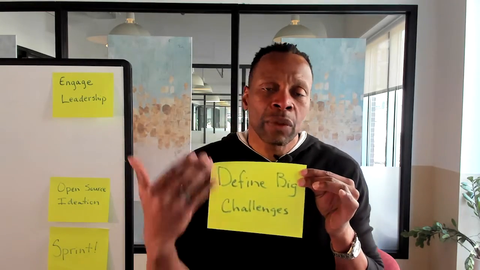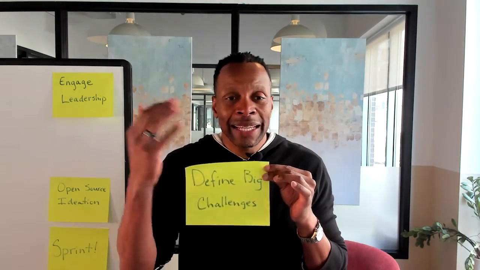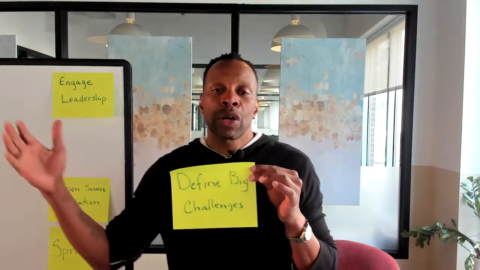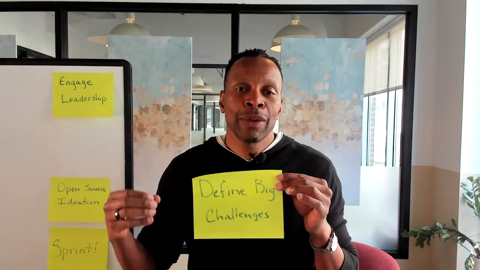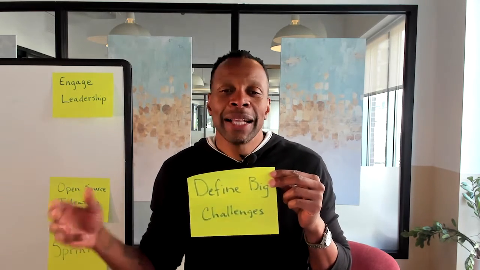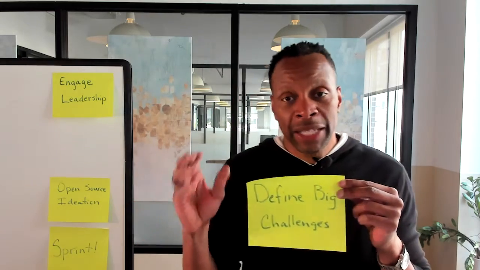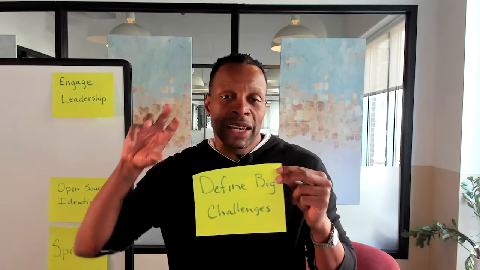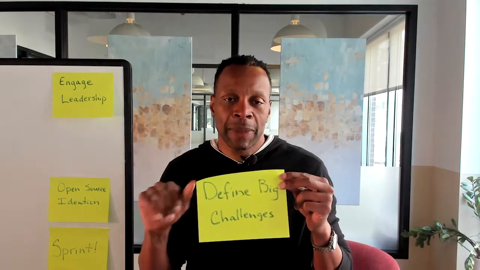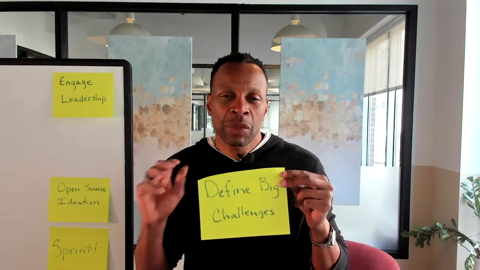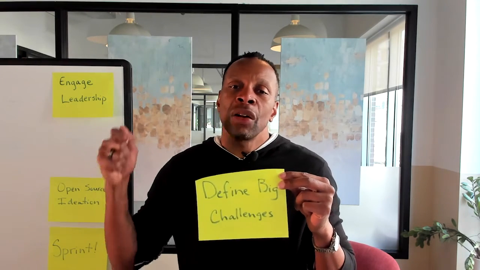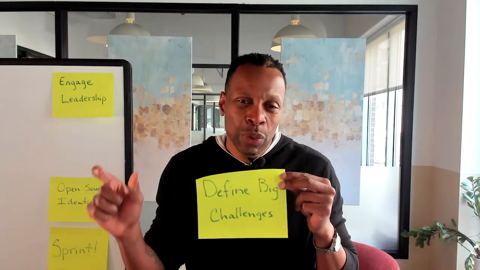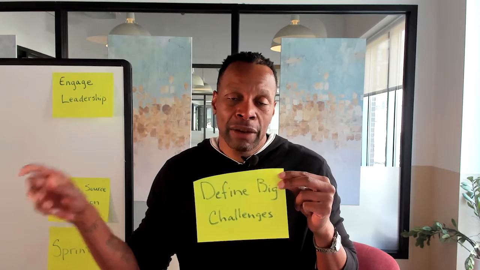Just to give you an idea, one team we worked with initially defined their how might we as, we need to improve our order management process so that we won't get a lot of customer complaints. That's not a good way to frame a challenge, and that was their first attempt. We worked with this team to translate it into something much more customer-centered, broad enough but not too broad, and narrow enough without being too narrow.